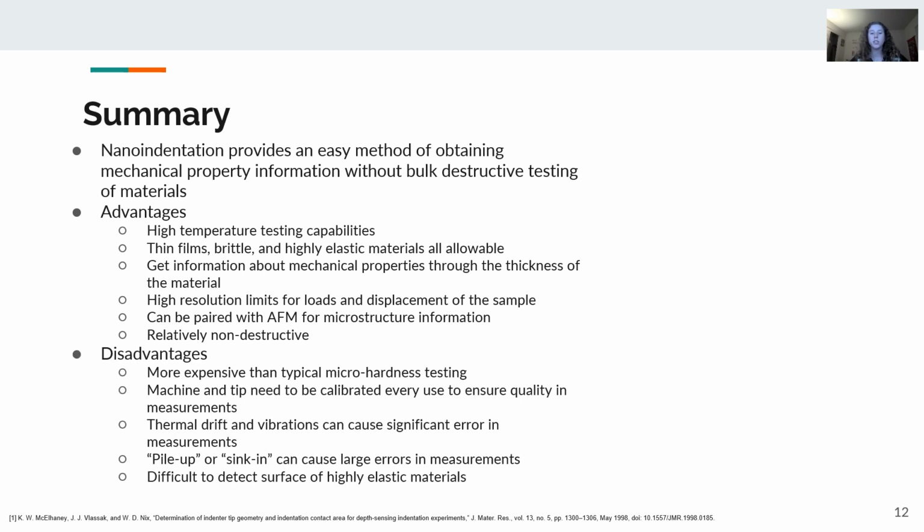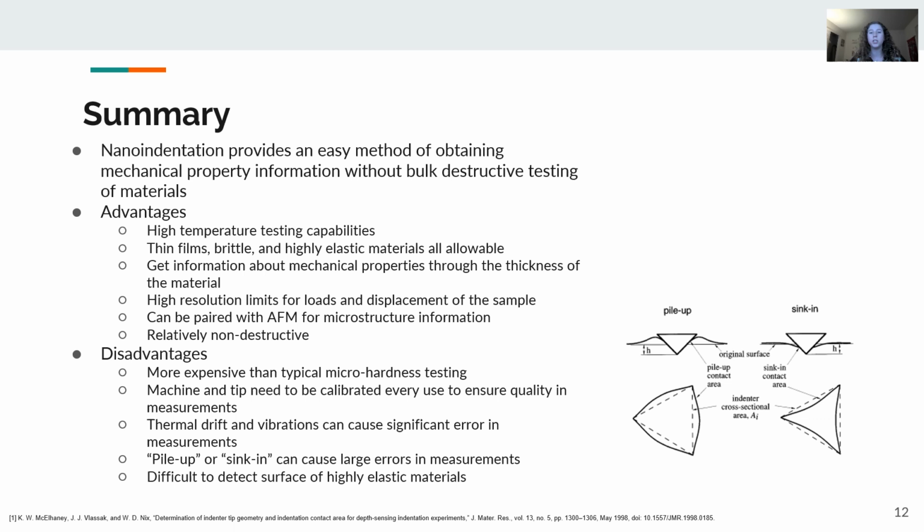Some of the disadvantages do include that it's more expensive than typical hardness testing. The machine and tip do need to be calibrated very closely for accurate measurement results. Thermal drift and vibrations could cause a lot of uncertainty in the measurements. And then you could get this phenomenon called pile-up or sink-in.